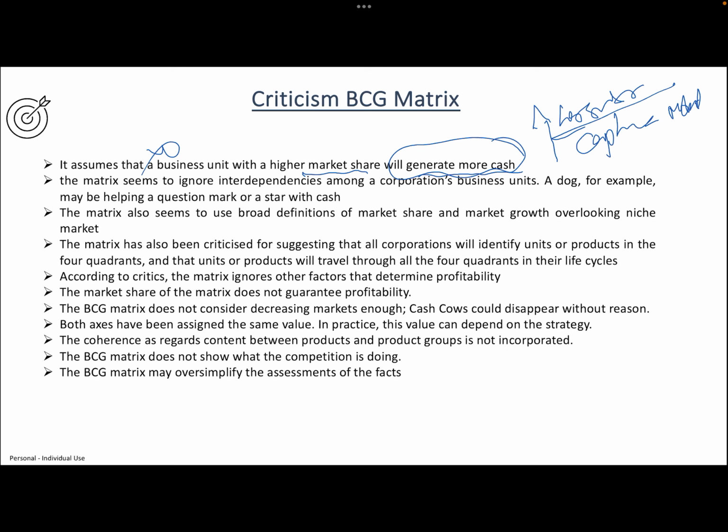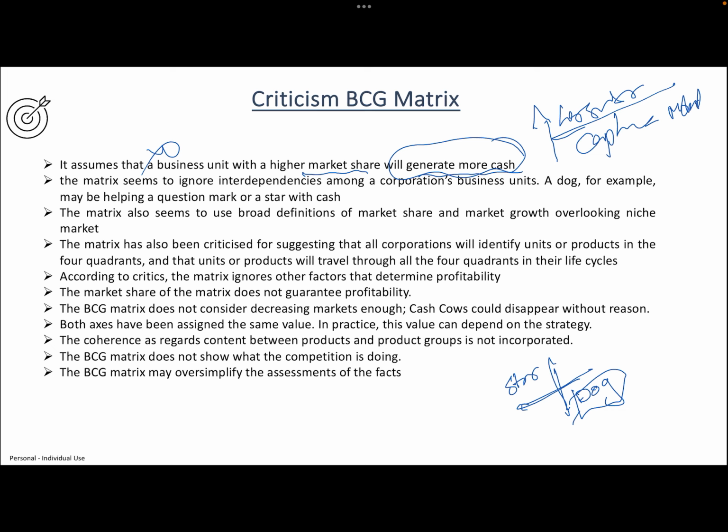See this again, right? It looks at one product of a company. For example, companies will have different products. One product may not be growing enough, but it will be supporting your star performer. Star is here, dog is here.